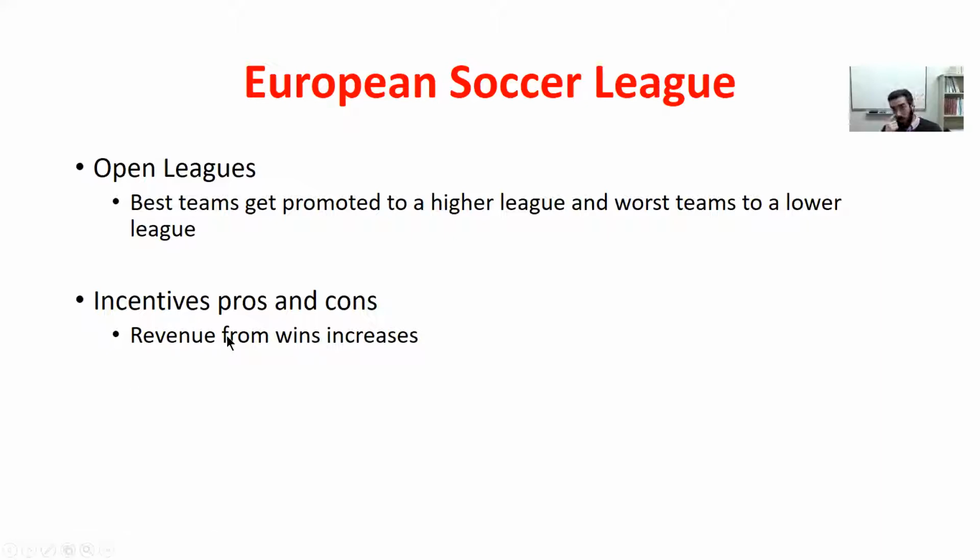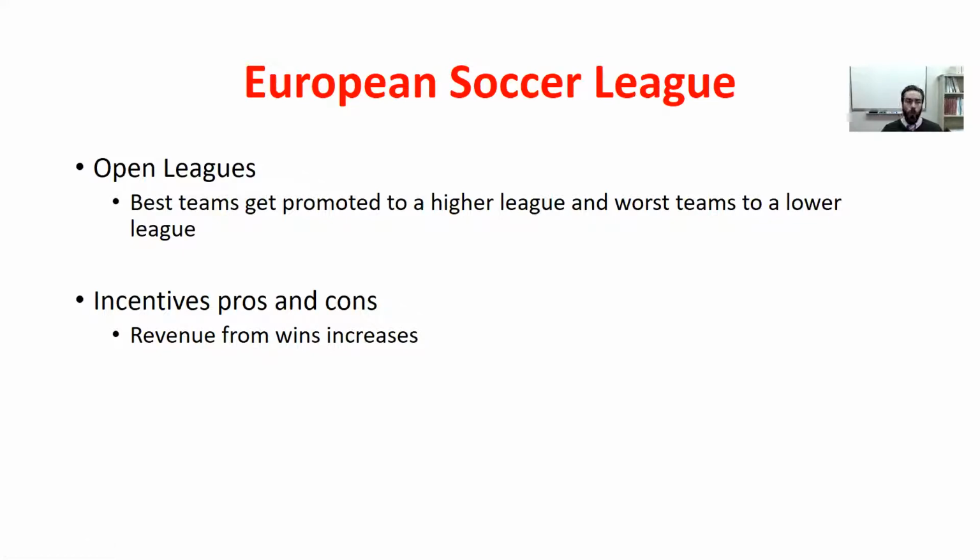It also allows for, if we're thinking about the incentives that exist, well, if I'm in that lower level league, I have a huge incentive to do very well so I can get promoted. If I'm in the higher quality league, I have a huge incentive to do well so I don't get demoted.